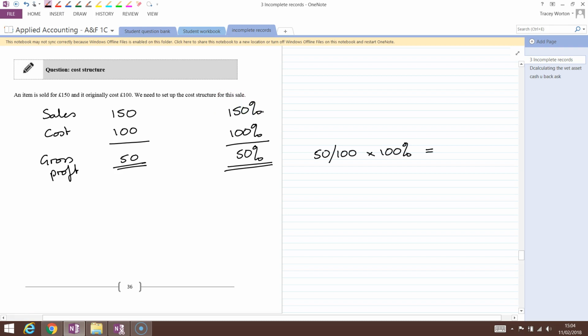So now we can use that information if necessary going forward. So that's dealing with a cost of sales. So we've said to be here that we have a gross profit percentage of 50% on cost of sales.